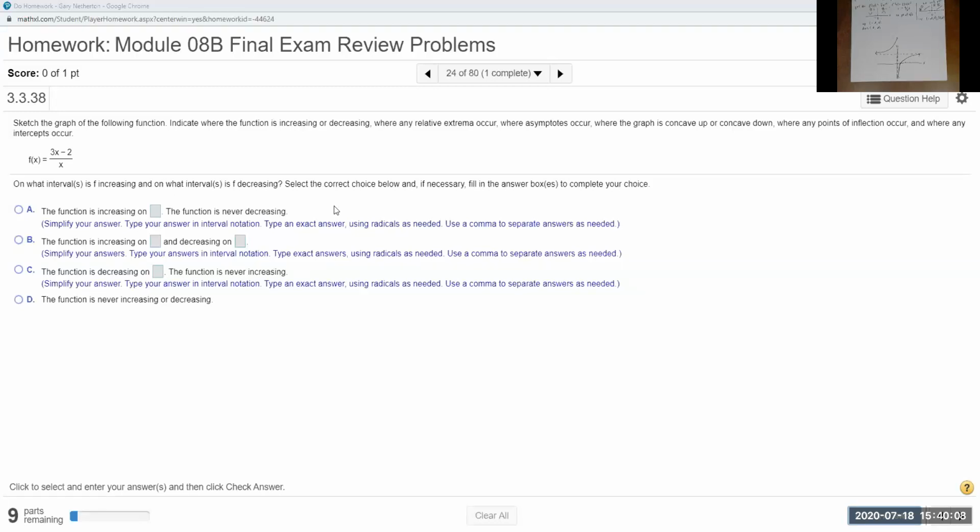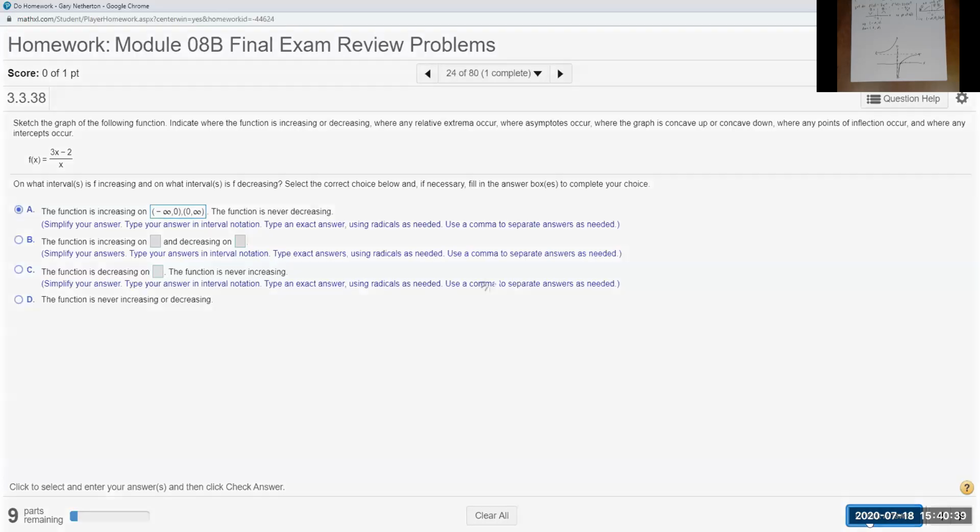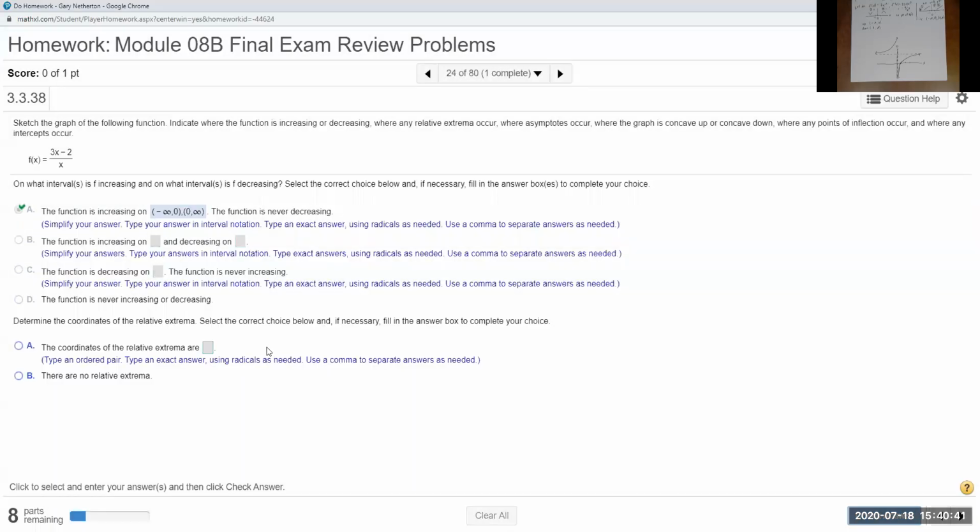Increasing, decreasing. I had two increasing regions, so increasing only. Negative infinity to 0, and then 0 to infinity. Maxes or mins, relative extrema.